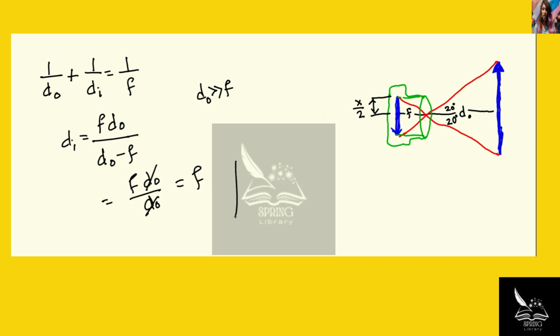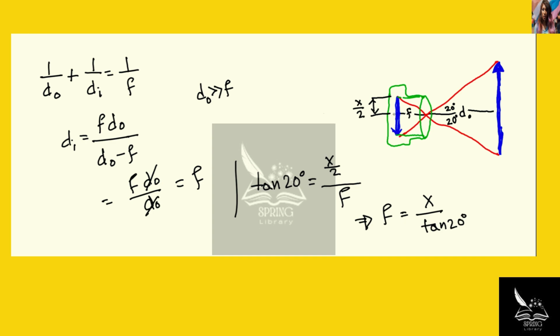So we can use the relation tan 20 degrees, which is equal to height over base. So that's going to be x by 2, height divided by the base. And we can write the focal point in terms of the other two. So f will be x over 2 tan 20 degrees.